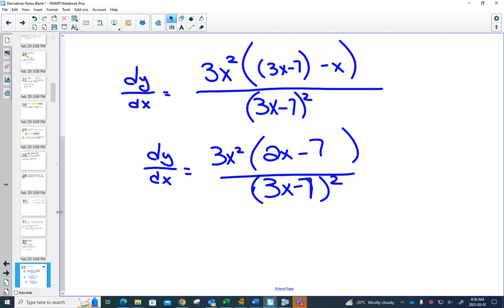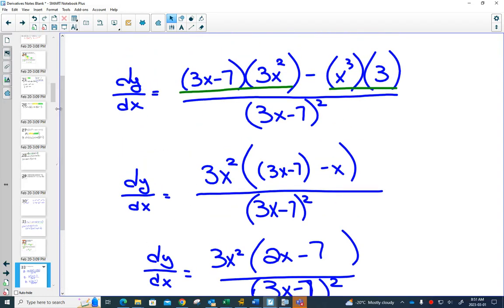So you might find that your textbook writes your final answer in factored form, or maybe it had the answer with this distributed in the end, 6x cubed minus 21x squared. But I find that this method of simplifying, recognizing something in common earlier, will often save you time rather than multiplying it out.